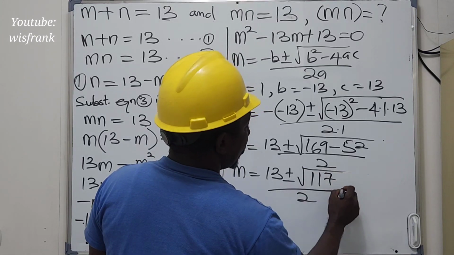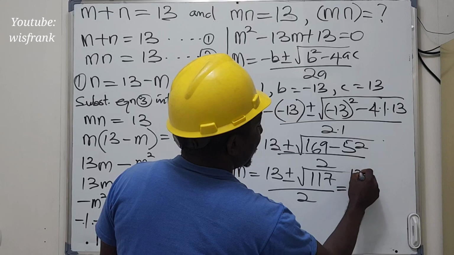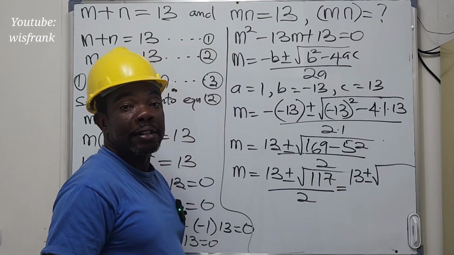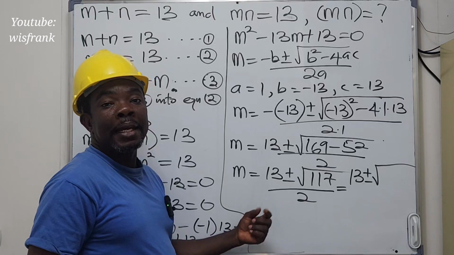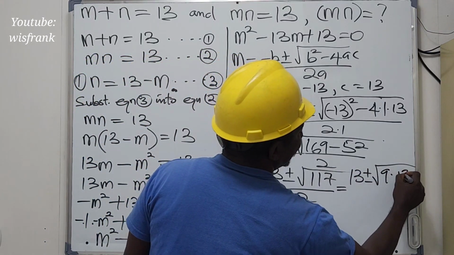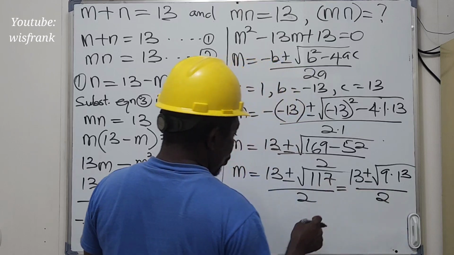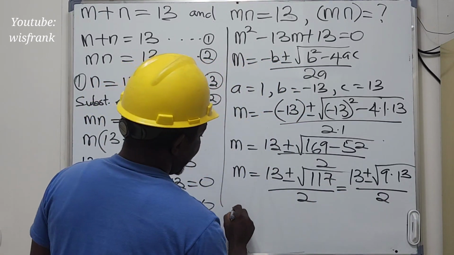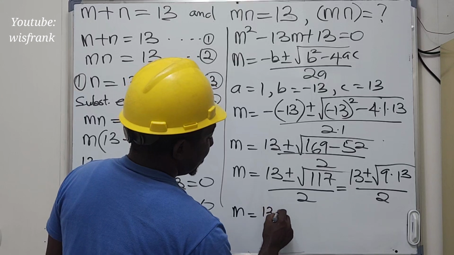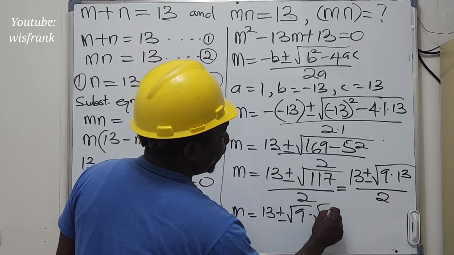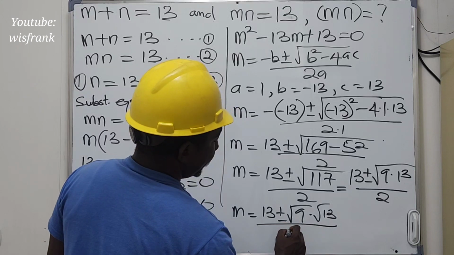So we can rewrite this as 13 plus or minus square root of 117, which is the same thing as 9 times 13. So we have here square root of 9 times 13 all over 2. So m equals 13 plus or minus square root of 9 times square root of 13 all over 2.